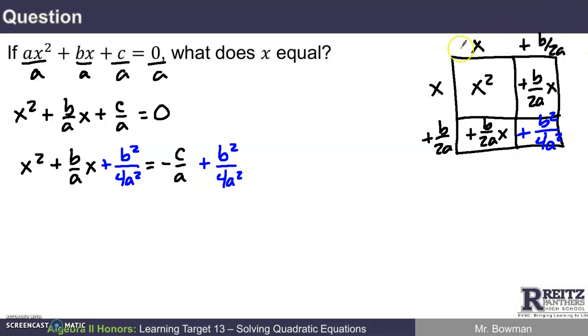So what that shows me is that I can write the whole left side, which is a very weird looking perfect square trinomial, as this times this. And this is simply this length, x plus b over 2a.